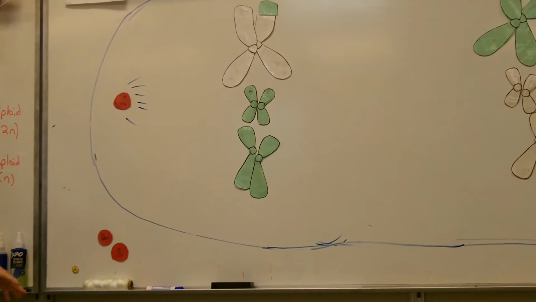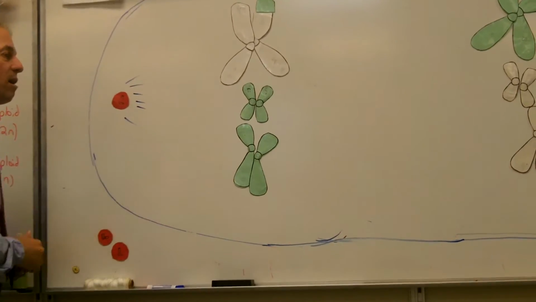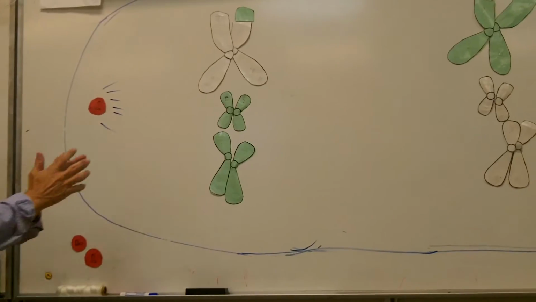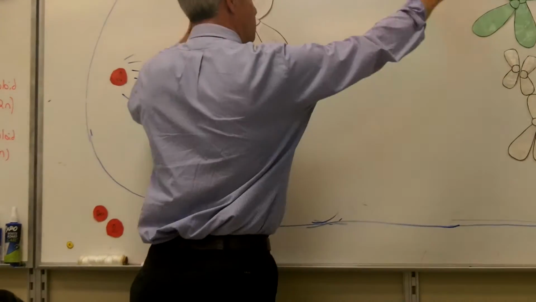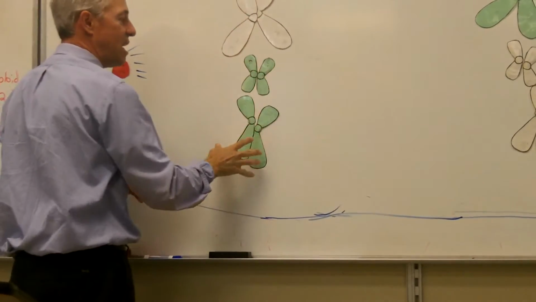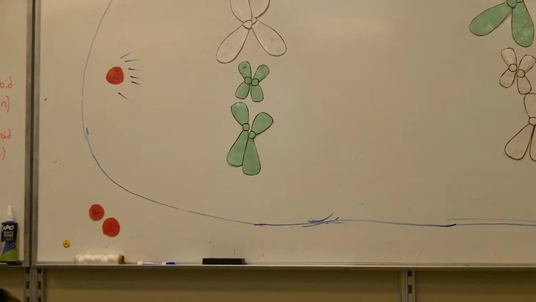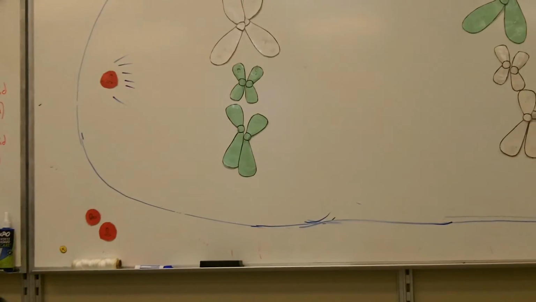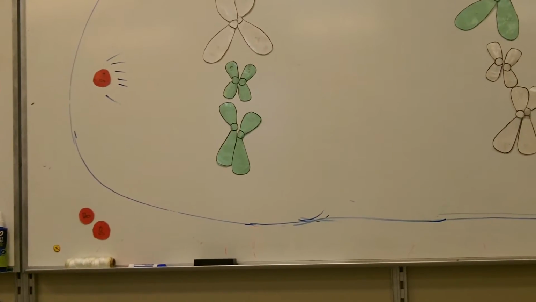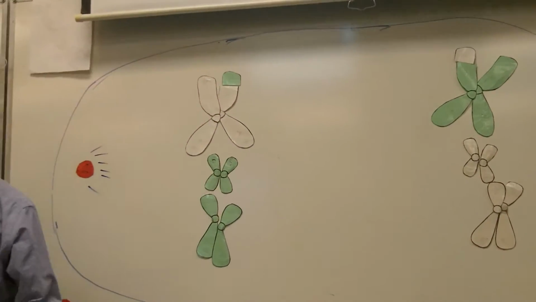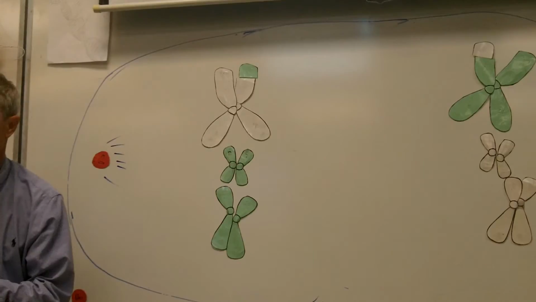And so now we have a cell that is going to split into 2 cells, and you can see we're reducing the chromosome number by half. We no longer have 2 sets of chromosomes on each side. We're moving toward a haploid situation where we just have 1 set of chromosomes on each side. Y'all okay?